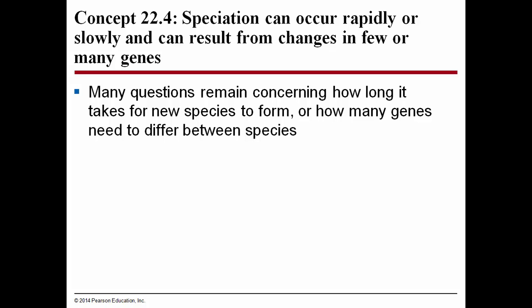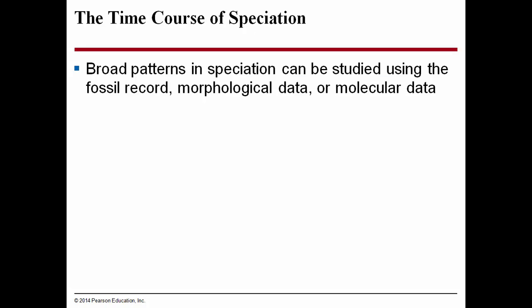Speciation can occur rapidly or slowly and can result from changes in a few or many genes. Many questions remain concerning how long it takes for species to form or how many genes need to differ between species. Broad patterns in speciation can be studied using the fossil record, morphological data, or molecular data.